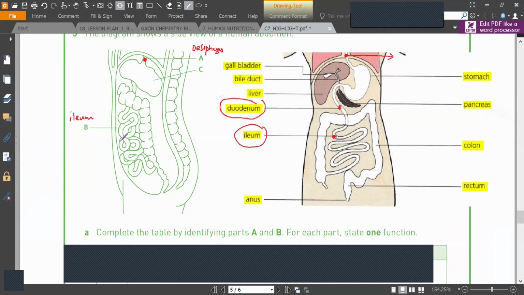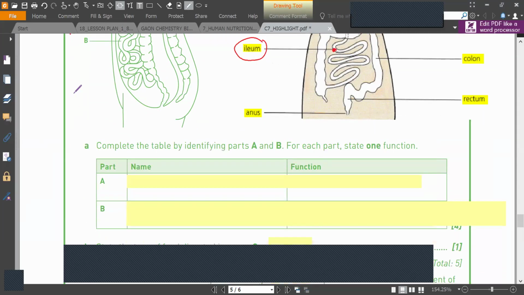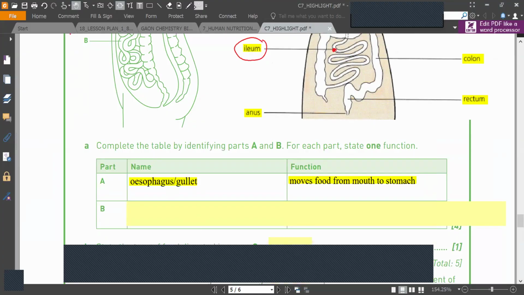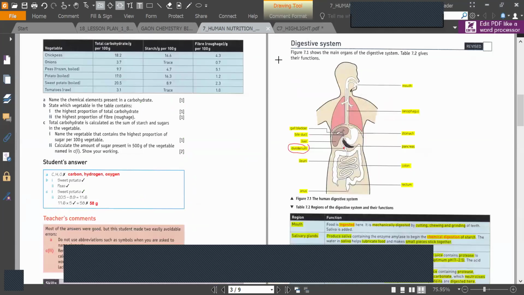Straightforward. Now the name and function. Part A, esophagus or gullet. Function: move food from the mouth to the stomach.